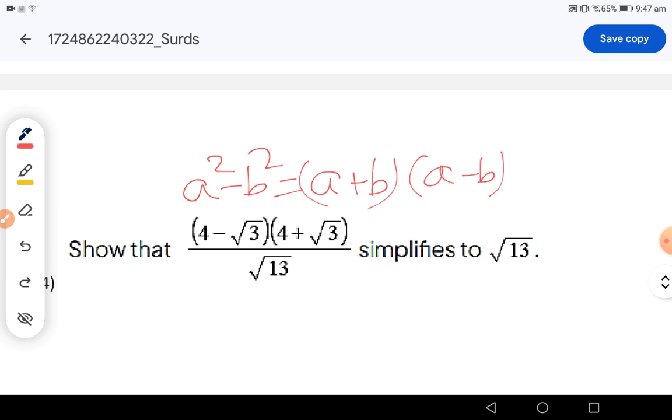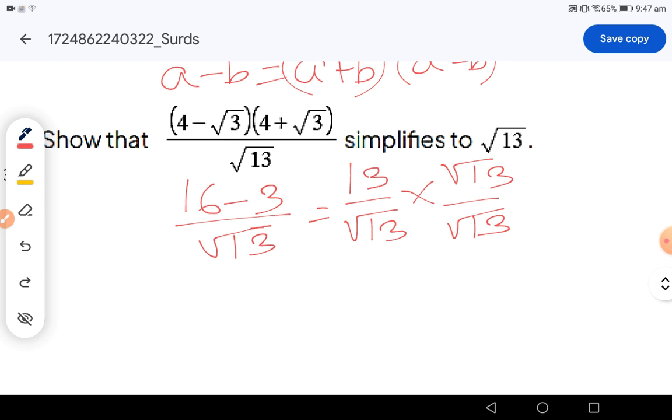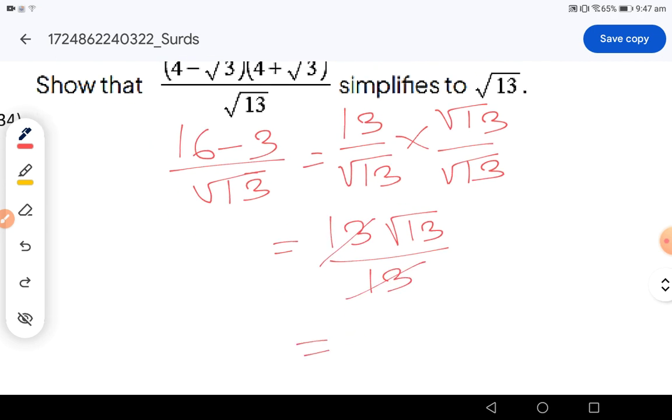So this one can write 16 minus 3 by root 13. 16 minus 3 is 13 by root 13. Now rationalize, multiply by root 13 and divide by root 13. So we got 13 root 13 by 13. 13 cancels. So answer is root 13.